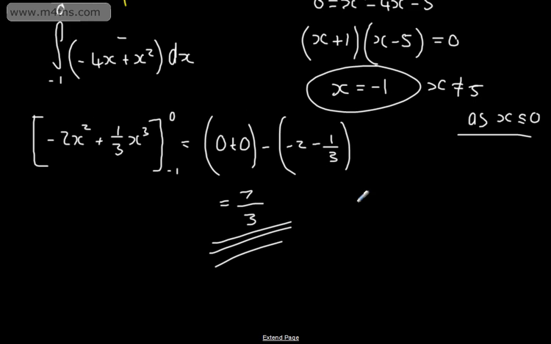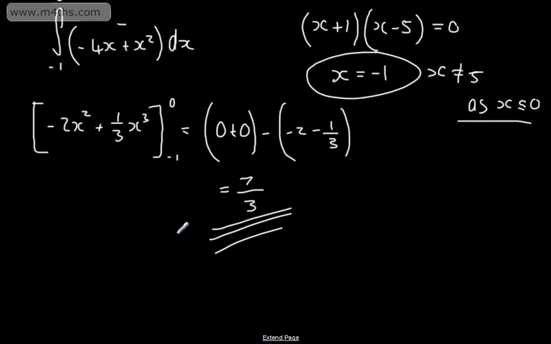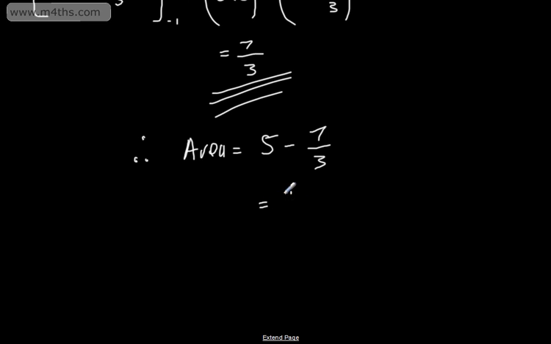So what that is, this green part. I've just used integration to find the area trapped under the curve from negative 1 to 0. Therefore, the total area will be equal now to 5 subtract the 7/3, which is going to give me a total of 8/3.